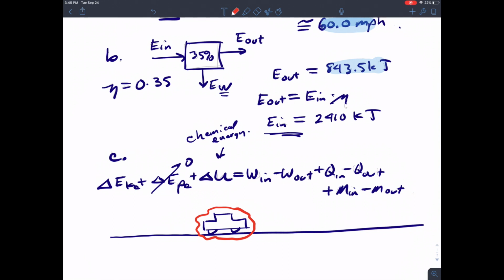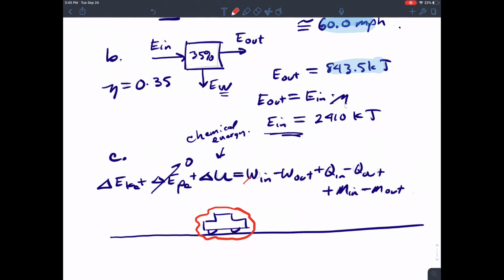How would you apply work in? If you had another car tailgating behind and pushing it, that would be work in to the system. Or if the SUV was somehow pushing another mass, that would be work out. We don't have any of that. There's no heat going into the SUV, but because it's burning the gasoline and the engine is not efficient, there is heat coming out.